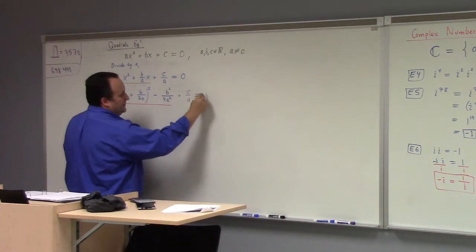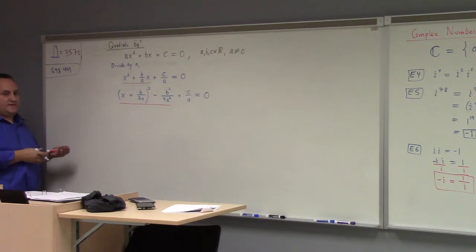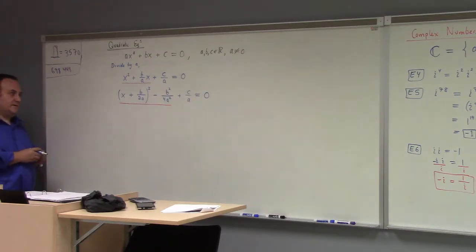My strategy here is to try to factor the equation, because I know if I can factor the equation, then I know how to solve. Like, if we can factor the equation, then we know that if you have the product of two numbers equal to 0, either one or the other of them has to be 0. So we're trying to factor this. Now here's the kind of sneaky step.